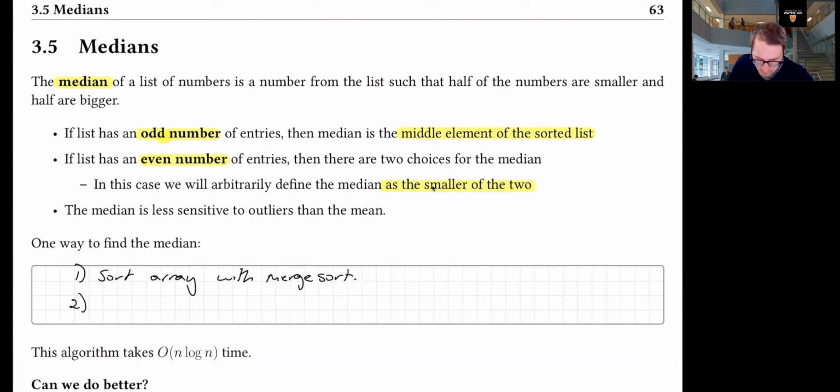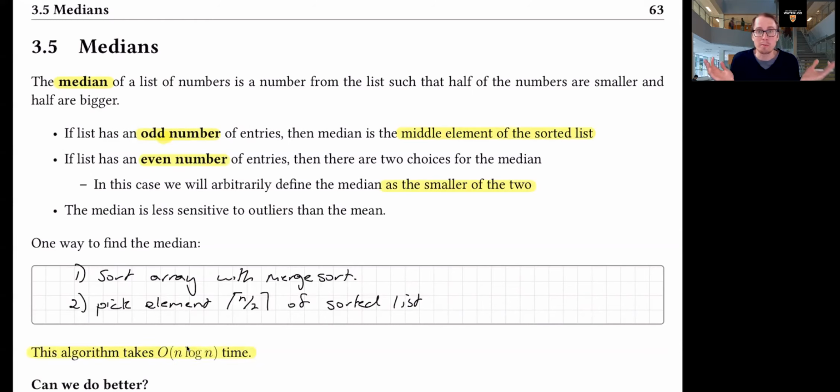And then two, pick the middle element, which, if you work it out, if it's an array of size n, is going to be the ceiling of n over 2 of the sorted list. And this algorithm, because it requires a sort, is going to be n log n time.